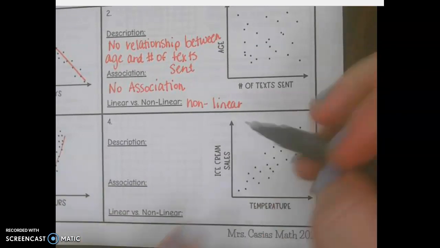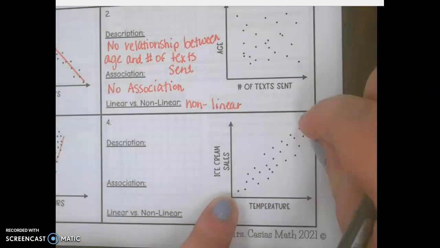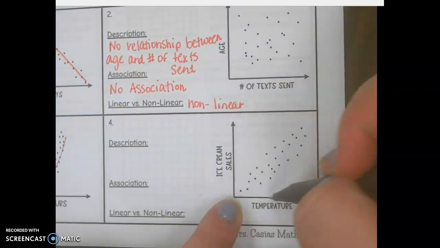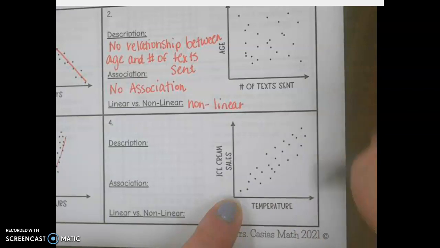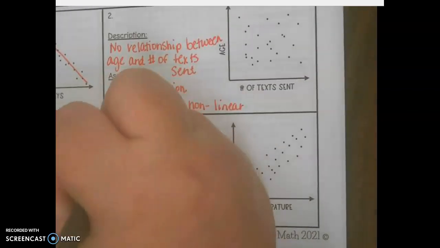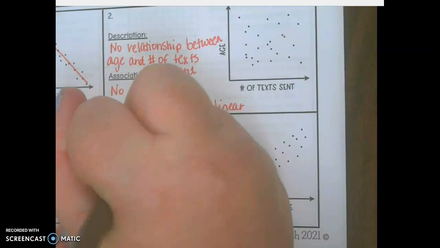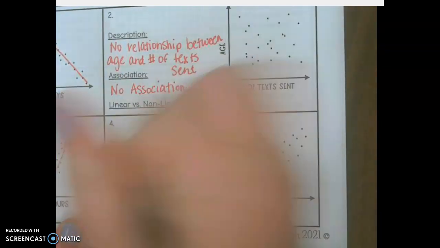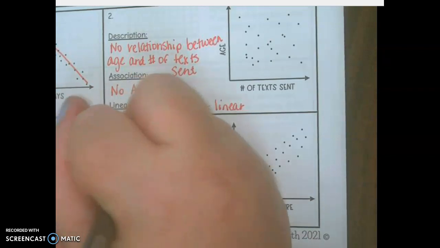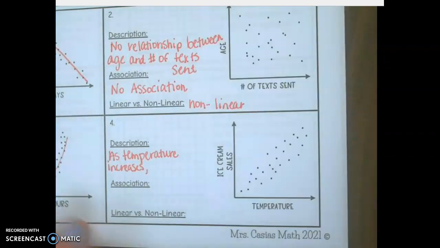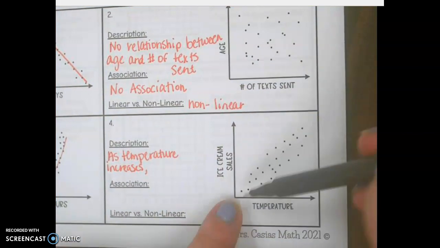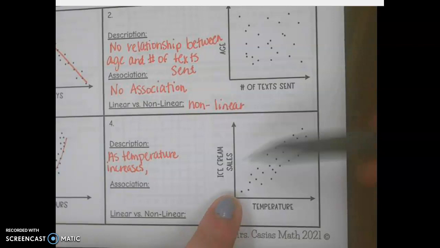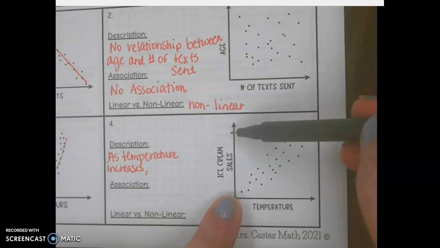So let's see what's happening here. My temperature, so I'm starting here. It looks like it's going in a nice pattern. Temperature is lower here, and as my numbers get bigger, temperature went up. So as temperature increases, what's happening in our ice cream sales? Our ice cream sales are down here, so they're low. And by the end, they're up here, meaning they got higher.